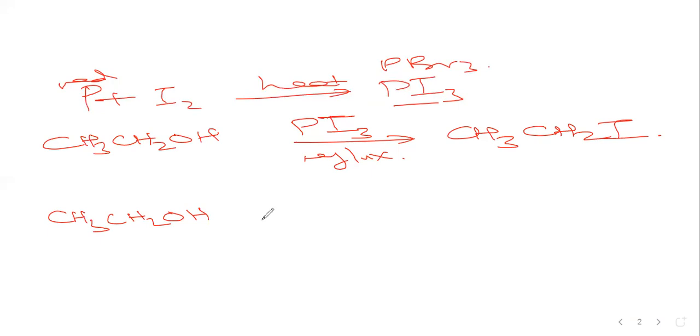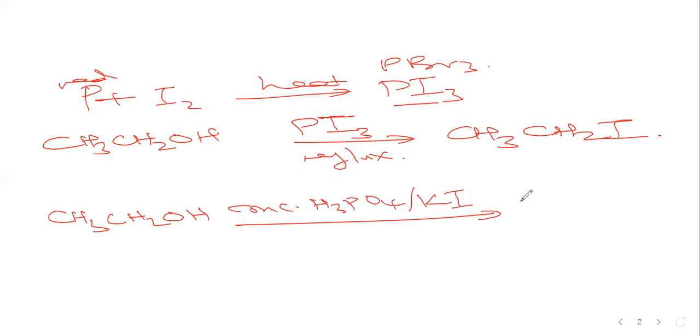But that concentrated solution of hydroiodic acid is prepared in situ from a solution of conc phosphoric acid and the potassium iodide. It's prepared in situ. This reaction here will occur this way.